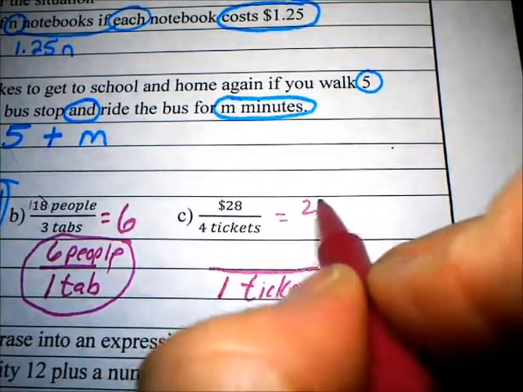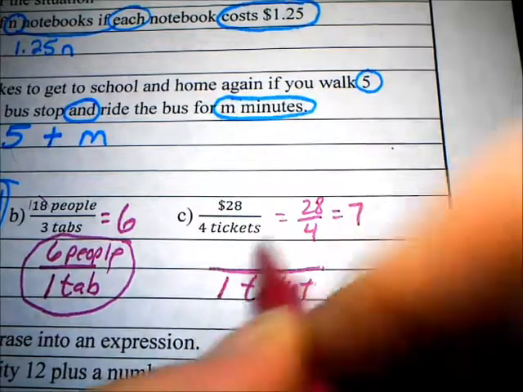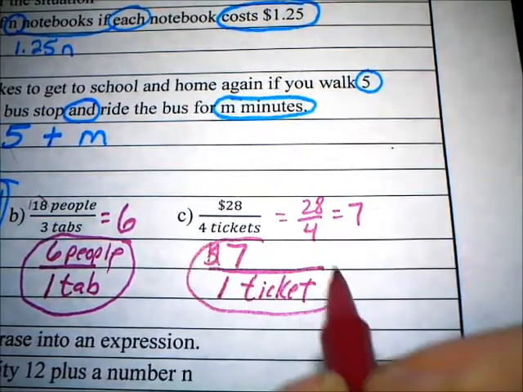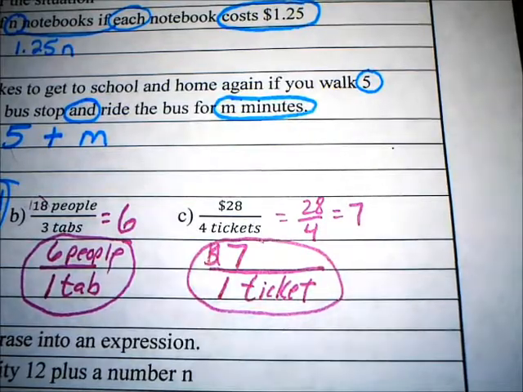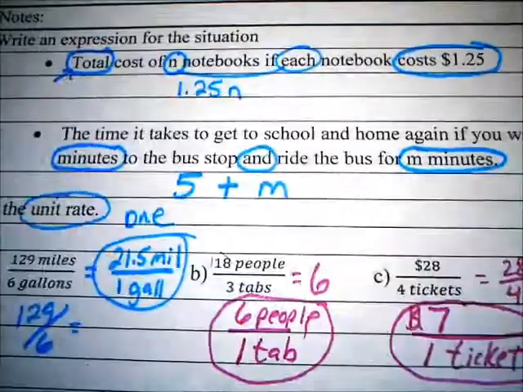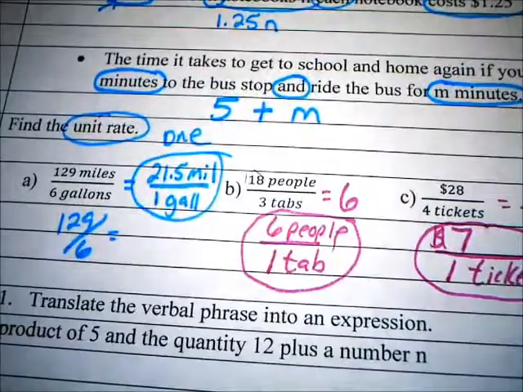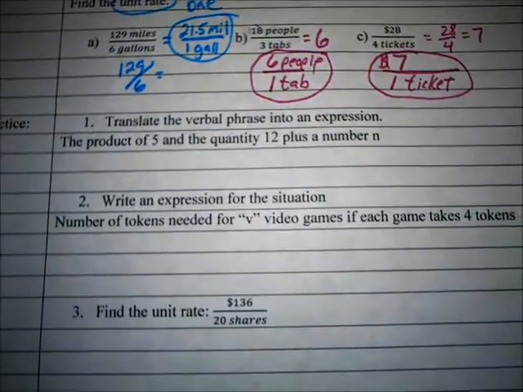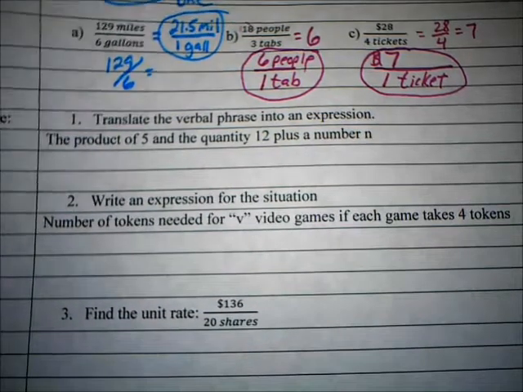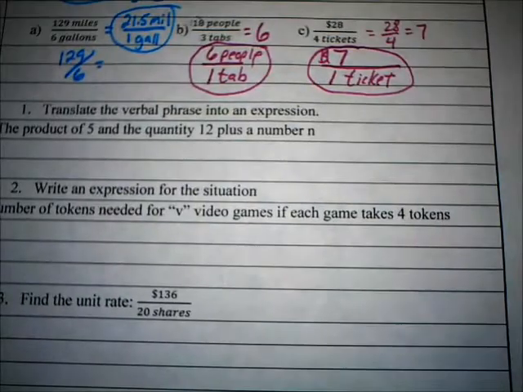So I actually just want to divide 28 and 4 and end up with $7. Okay, find out what it is for 1. That is the unit rate. Unit meaning 1. Okay, here are 3 independent practice problems I want you to work. Fill them out and then make sure you fill out your summary, and then you'll be finished with your notes.